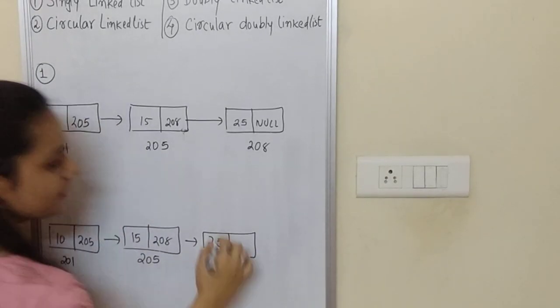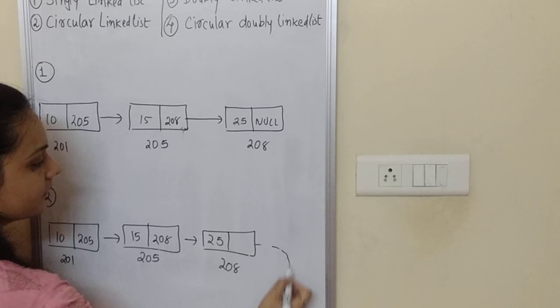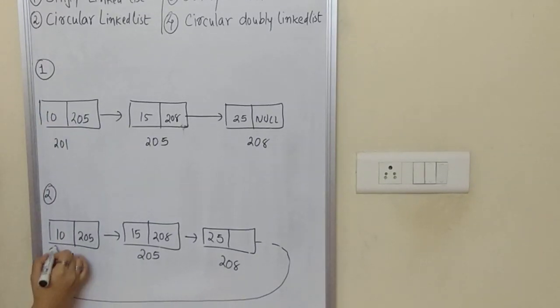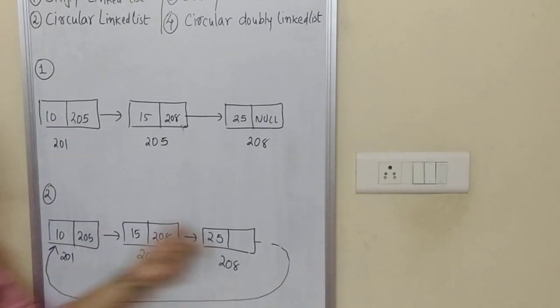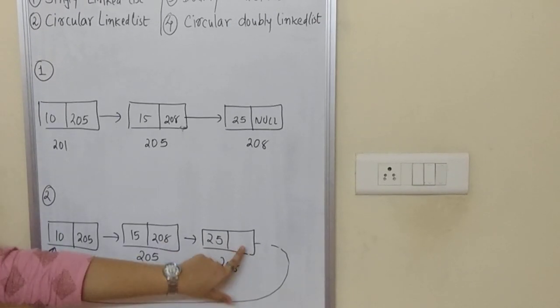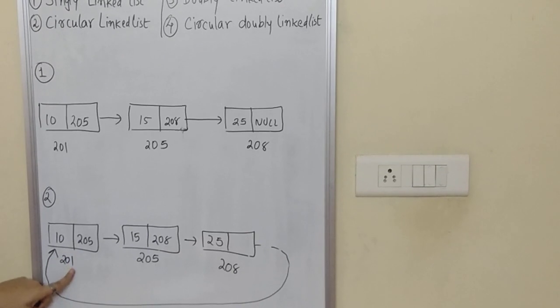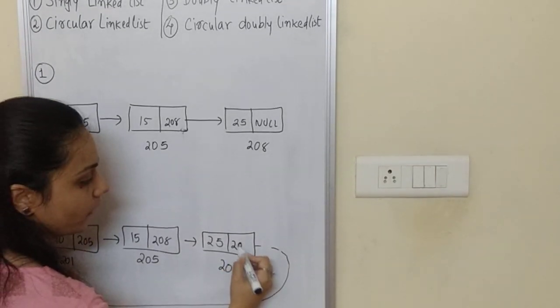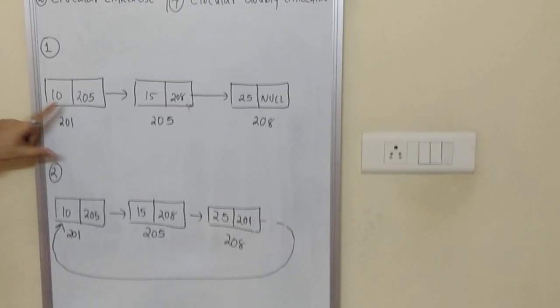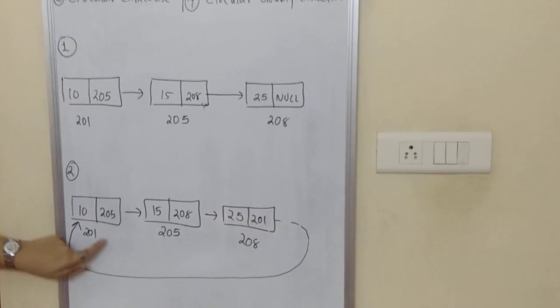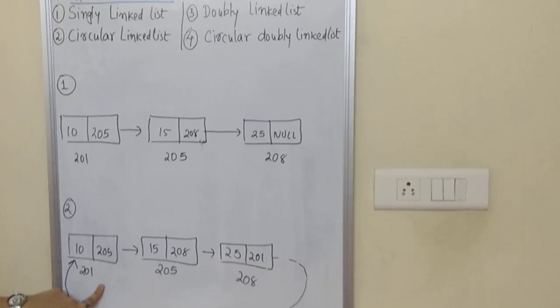But instead of null, I have to point like this, as it is in a circle fashion. So I have to write here the address of the next node. It means the address of the first node, that is 201. That is the simple difference between the singly and the circular linked list. Clear?